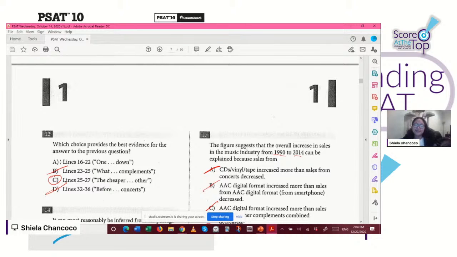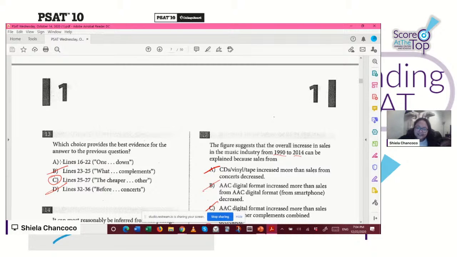They say complements. Okay, so tricky, right? B says complements, but it doesn't tell you anything about the question previously. I caught on to it, but most people were like, oh, this talked about complements, I'm going to put B. No. Read what they're actually saying, right? Like the idea. Was the idea there?